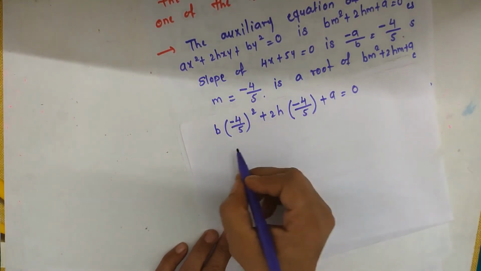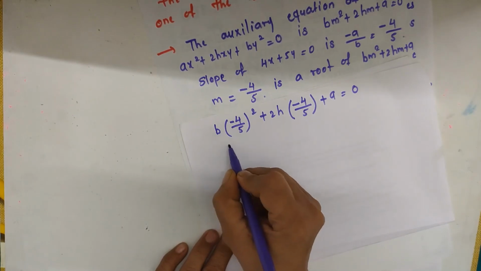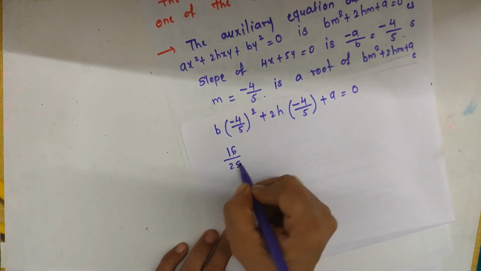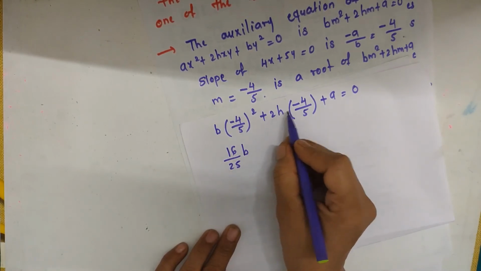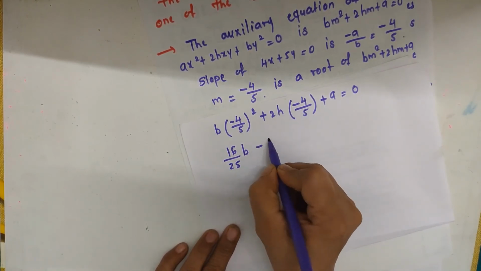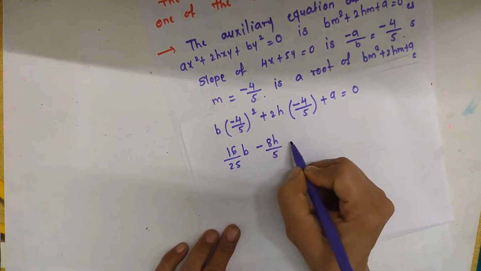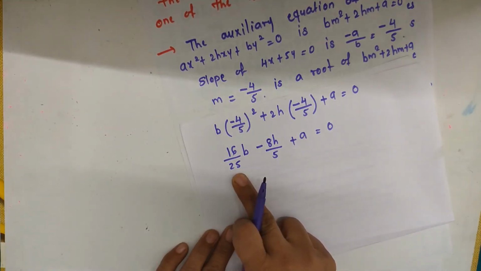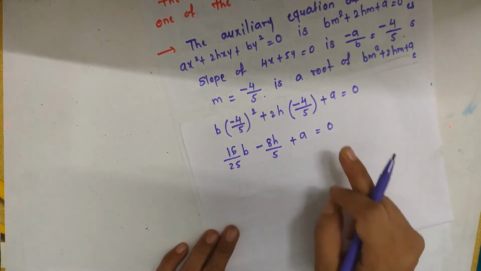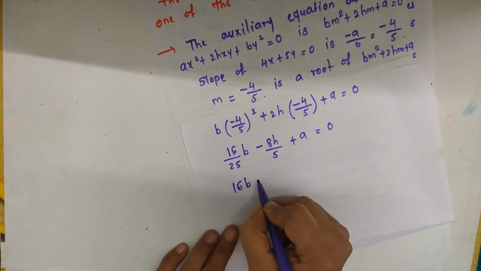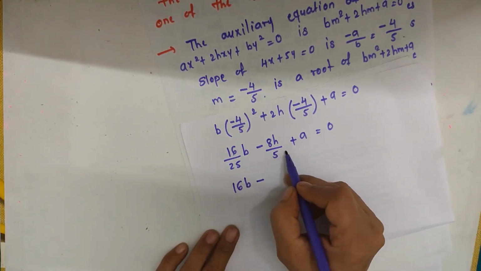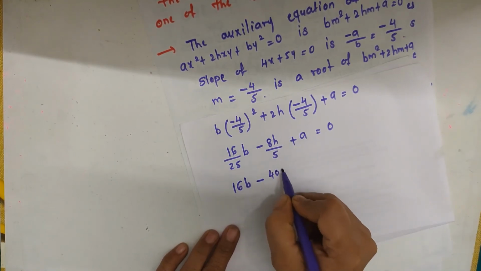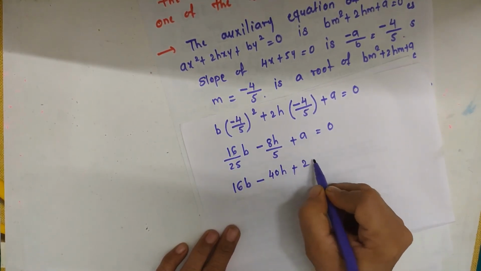Now simplifying this equation, we get (4 by 5) square, that is 16 by 25, into b, minus 4 into 2, minus 8h divided by 5, plus a is equal to 0. Now taking 25 as LCM, we get 16b minus 5 into 8, that is 40h, plus 25a is equal to 0.